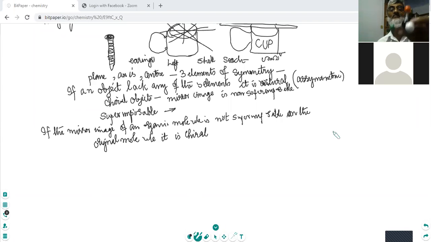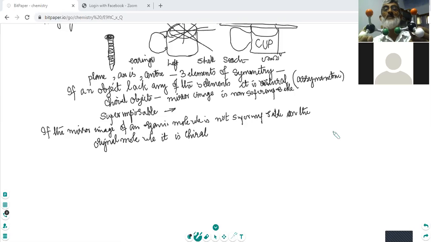See here, this is a chlorine, this is a bromine, and you have two hydrogens. Okay. Now this is the mirror image. Let me make the mirror image of this. See here. This is the mirror image of it.